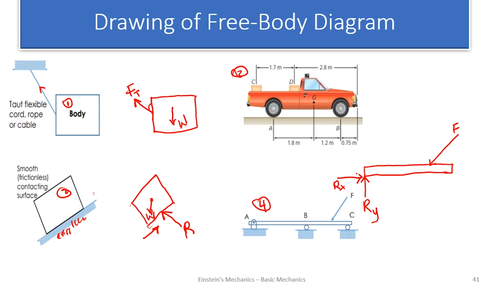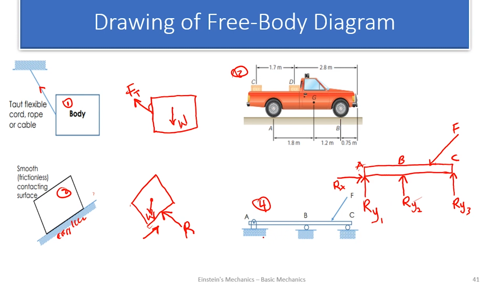So here is A, let's consider B here and C. When it is a roller, we are going to have an upward reaction. So this is a roller at B, only one, RY2, and this is RY1. And there's another roller at C, which is going to be an upward reaction, RY3. So this is the free body diagram of that.